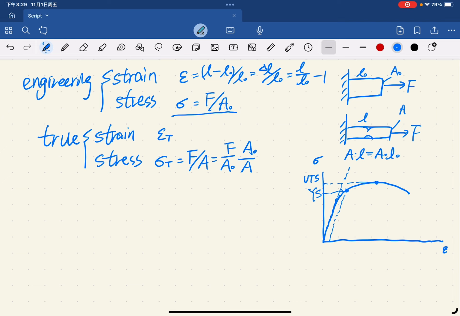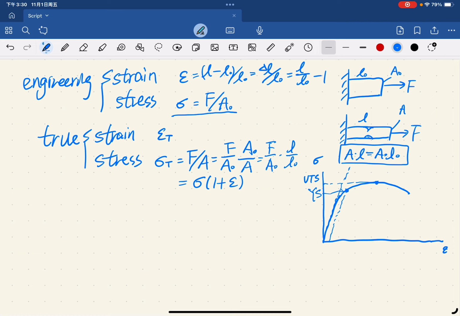So we say the volume stays unchanged. So this equation comes to F divided by A0 times L over L0. Right. So this further equals to, if we put engineering stress and strain into this equation, we can use engineering strain and stress to derive this true stress.